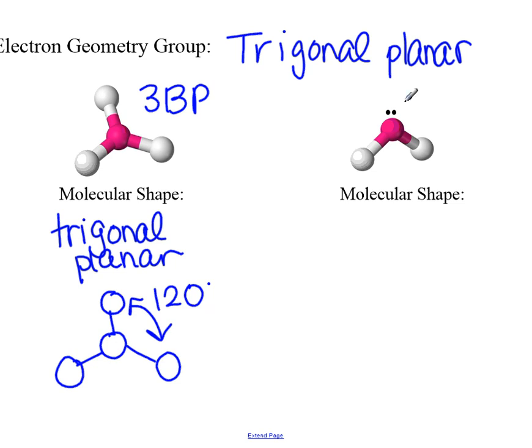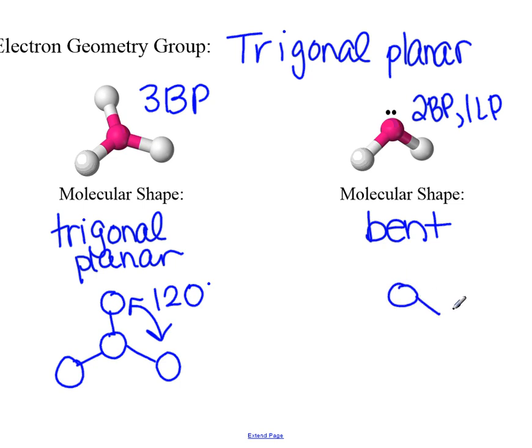Here we have 3 electron groups, 2 bonded pairs, and 1 lone pair. When we have 2 bonded pairs and 1 lone pair, we said that this shape is going to be bent, or you could call it V-shape, or you could call it angular. It doesn't matter. When we draw it out, again, try and maintain that bond angle.